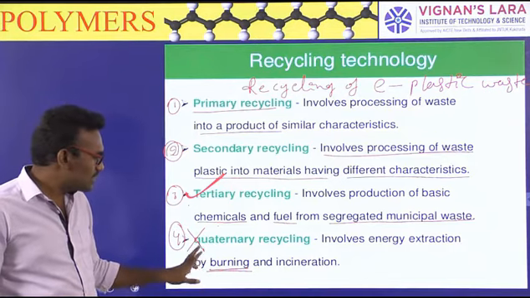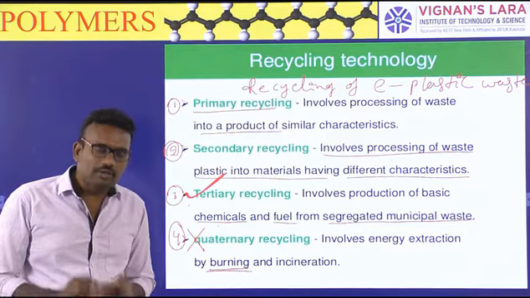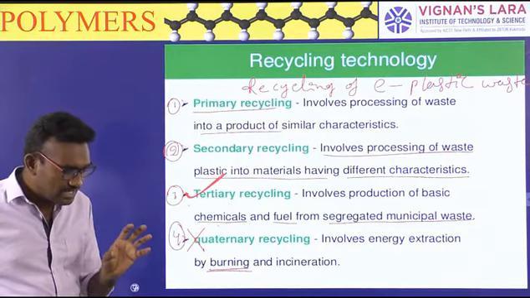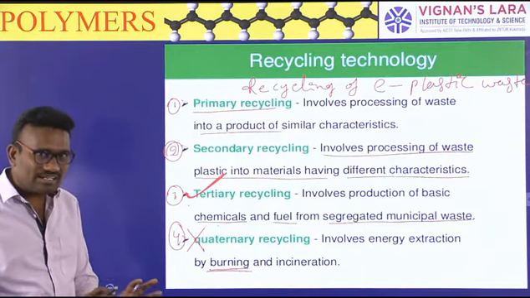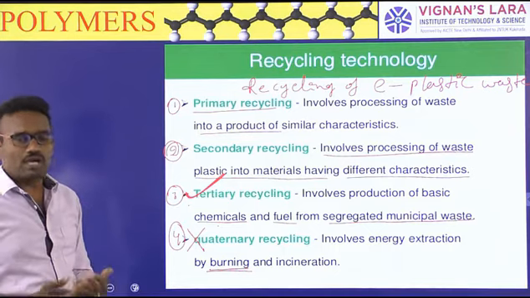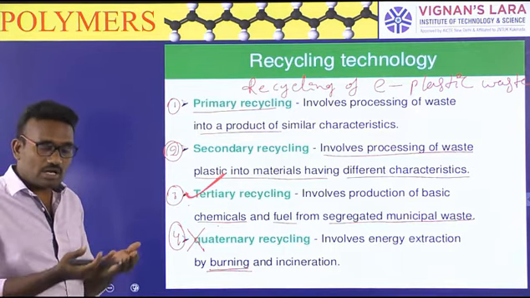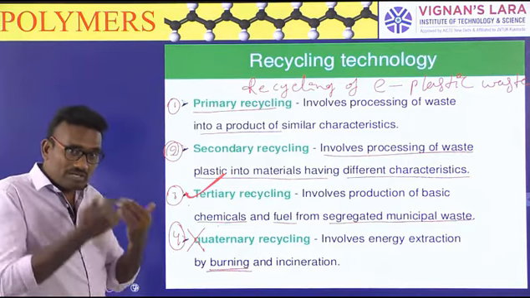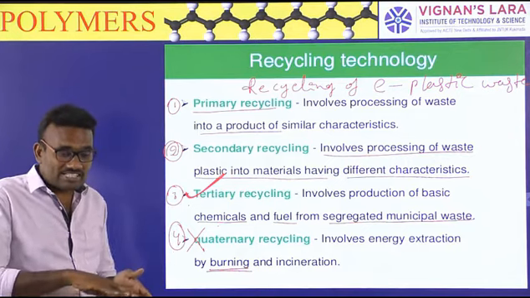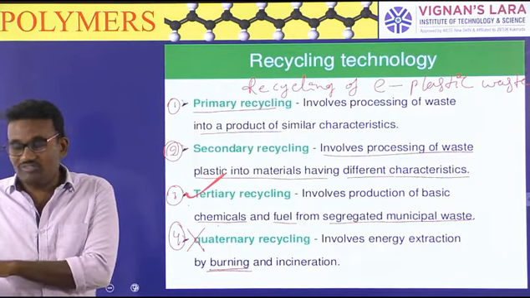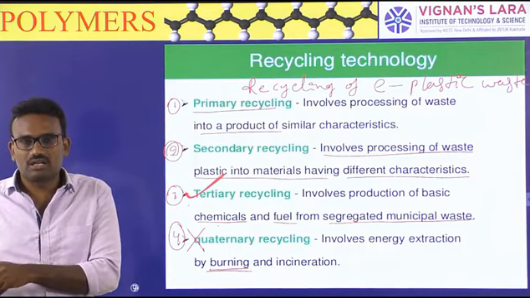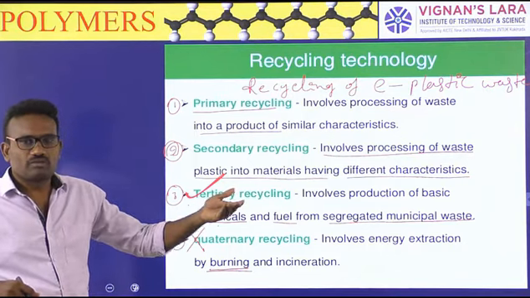Why? Because quaternary recycling means a burning process. When the waste plastic is burning, it releases smoke and harmful gases. It affects plants, human beings, aquatic animals like fishes, and different types of birds.